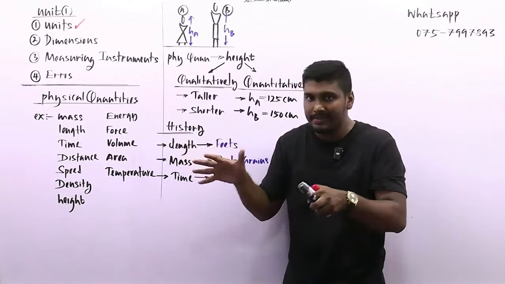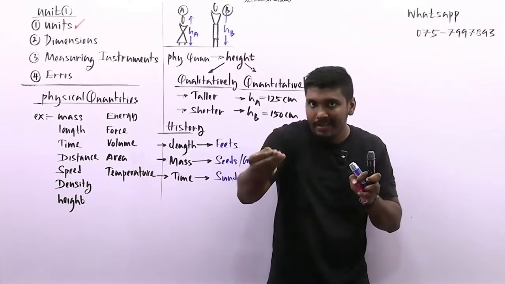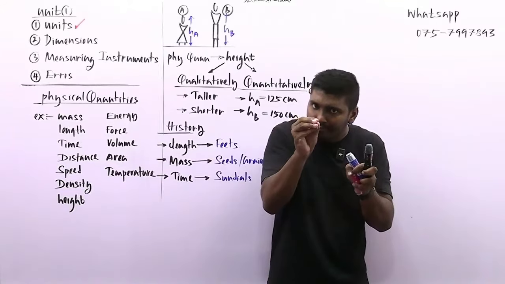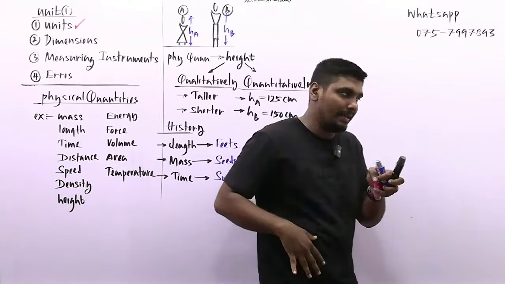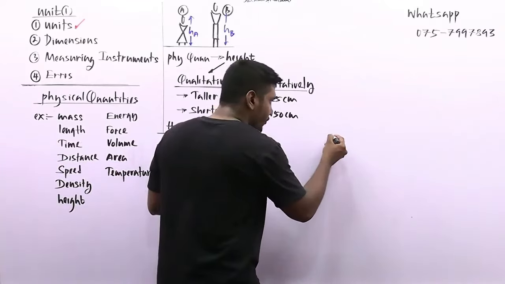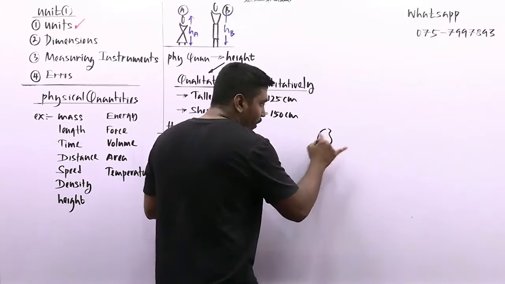And especially mass, to measure any unknown mass. To measure any unknown mass, they use some known seats. Based on the number of seats only, they measure the mass. For example, let's say now you have an object. You don't know the mass of the object.